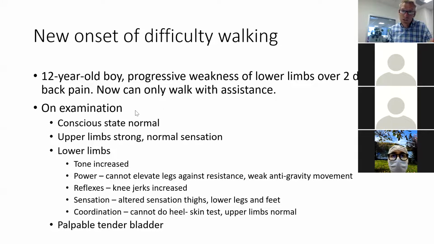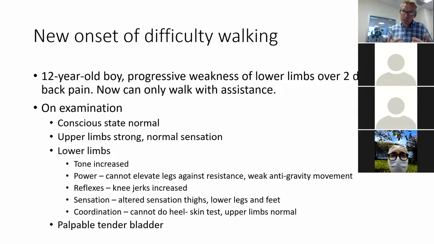On examination, his conscious state was normal, and his upper limbs were quite strong with normal sensation. His upper limbs were just normal: normal power, tone, reflexes, etc., and normal sensation. But in his lower limbs, his tone was much increased, and his power, he couldn't elevate his leg against any resistance. He could just shuffle his legs in the bed a little bit.